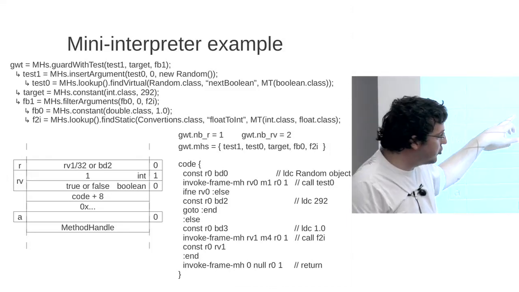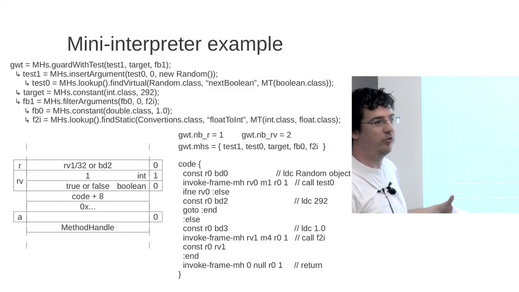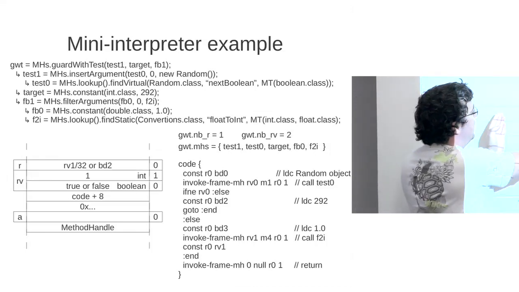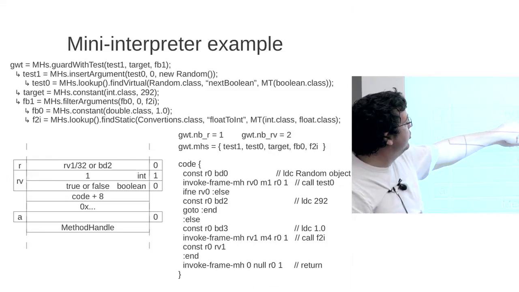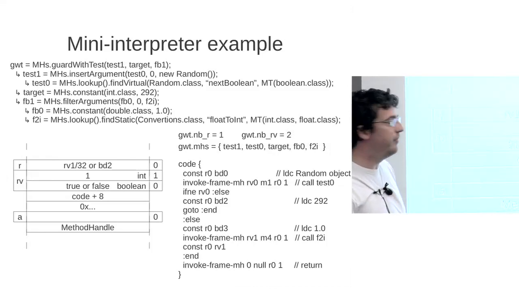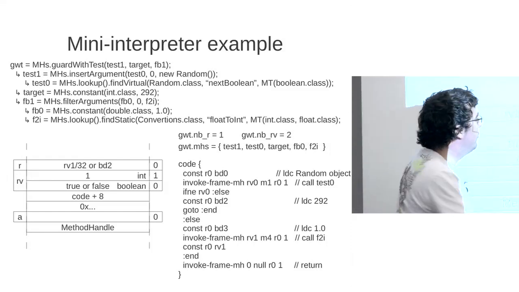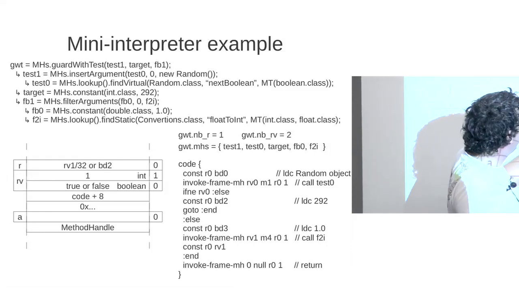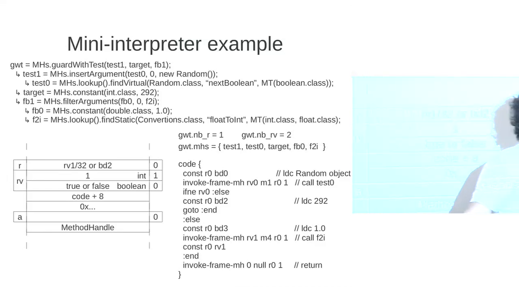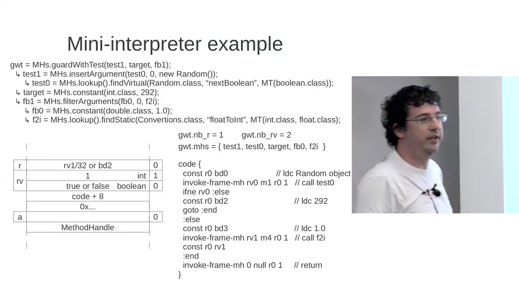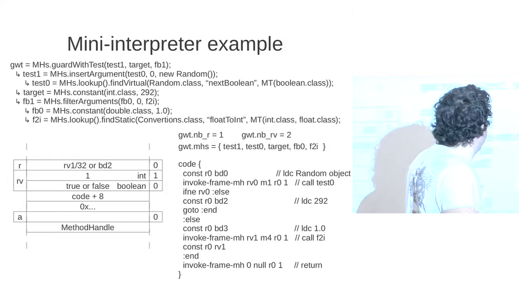We don't show the encoding of the index because it's a little bit tricky, but basically this means this is a return value, which is a 32 bit value, or this is bound data, which is the bound data of the second MethodHandle, which is here. So we have a specific encoding for that.